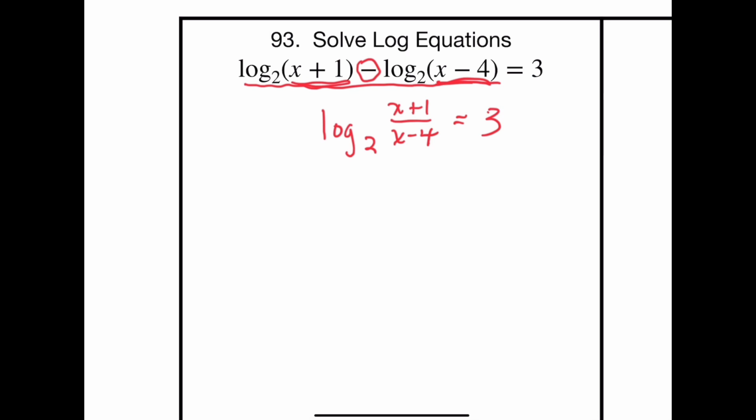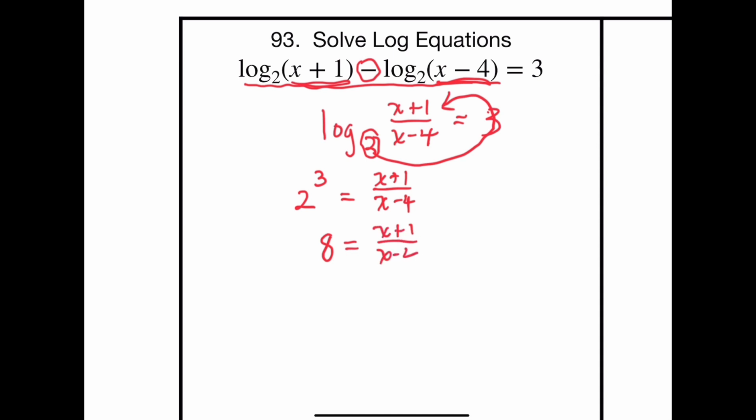Now that I have it condensed into a single log, I can apply the log definition. Base 2 raised to the 3rd power will equal the argument. So 2 raised to the 3rd power will equal x plus 1 over x minus 4. 2 to the 3rd is 8, so 8 equals x plus 1 over x minus 4.